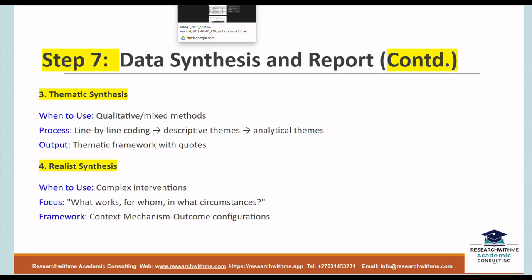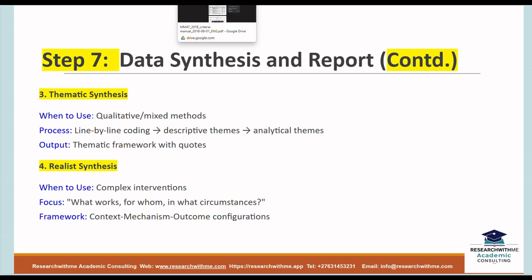It simply means if you are using realist synthesis, even though the intervention, which is the policy, cut across all school levels, the manifestation, the implementation, the outcome varies across those levels. So in this case, you want to find out what actually works, for whom, and in what circumstances.